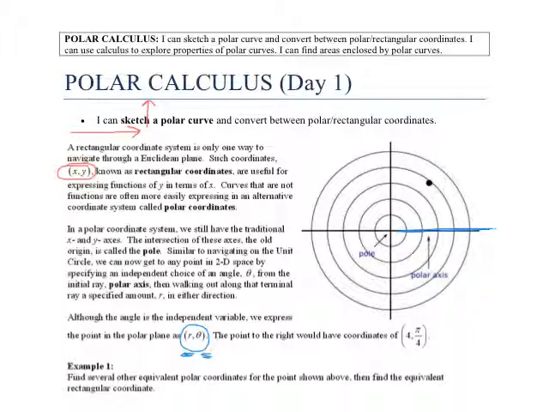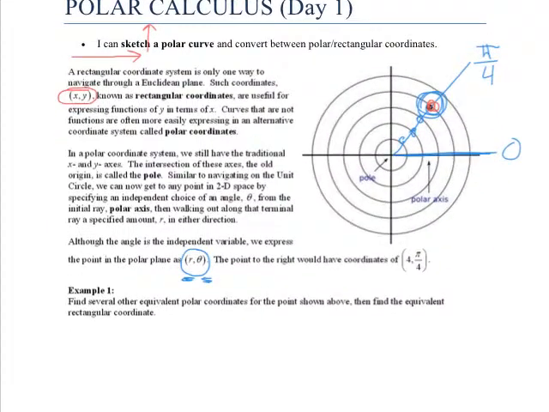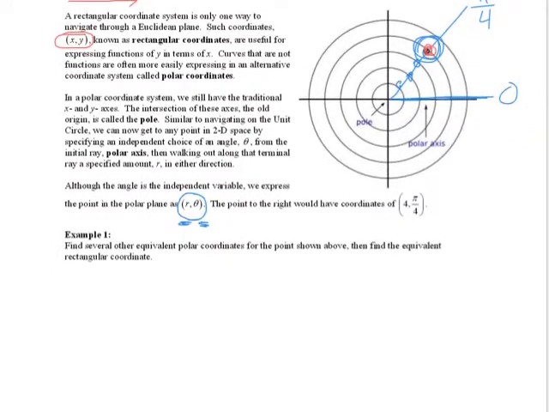If this was 0 radians, pi fourths radians is located here. We go out 1, 2, 3, 4 units, and that's where we hit the location of our coordinate. So that's a polar coordinate: radius, then the angle theta.